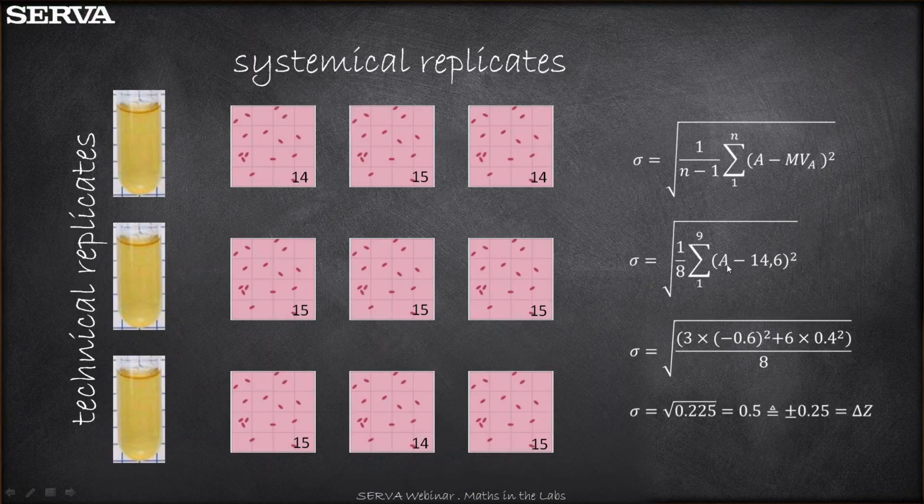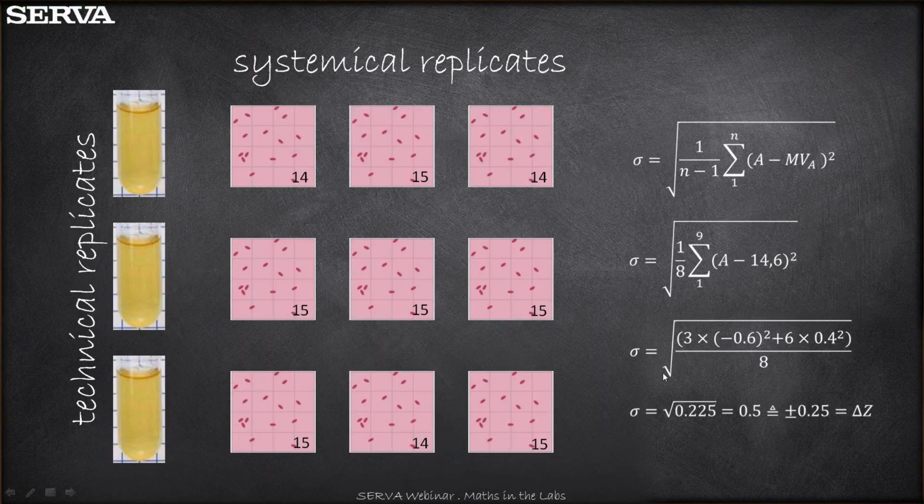What does it say? You have to subtract your mean value from the value you had. So for example here 14 minus 14.6, then this would be minus 0.6. For 15, it would be 15 minus 14.6. It would be 0.4. And all these values for each one, you would square it. Or you can do it like that. You just count 1, 2, 3 times.